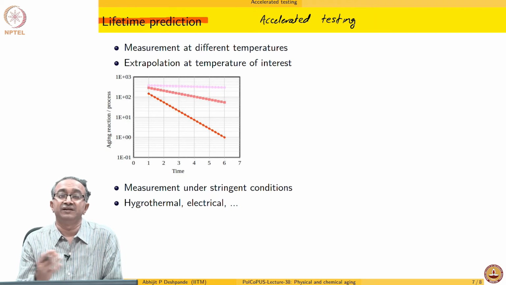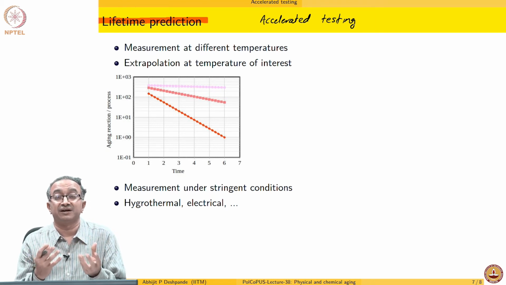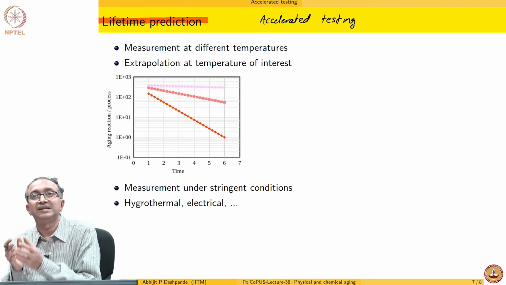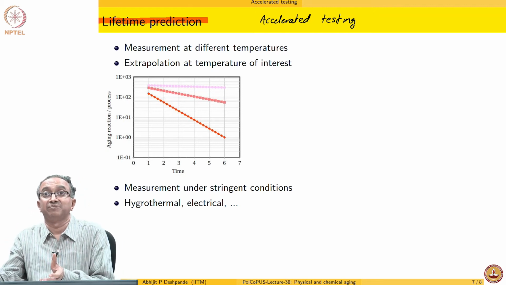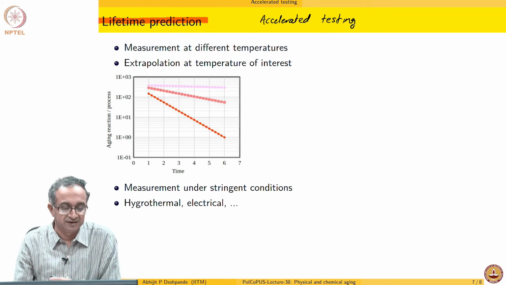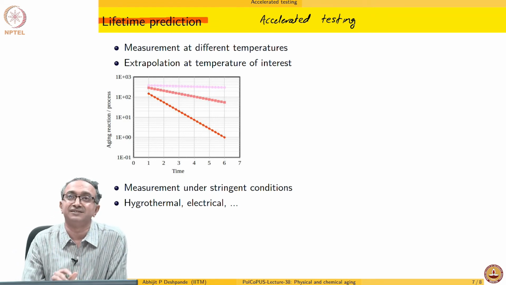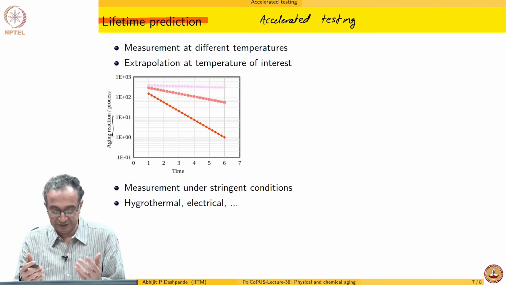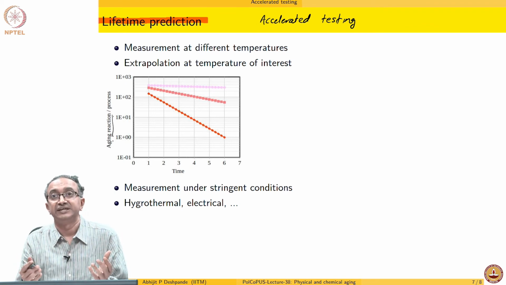And then if we are able to make a correspondence between stronger conditions and lower time to degradation with respect to less stringent conditions but longer time, then we can assess. And this is just highlighted here in this graphical hypothetical data, where let us say we have some reaction which takes place in the material, which is a consequence of aging.